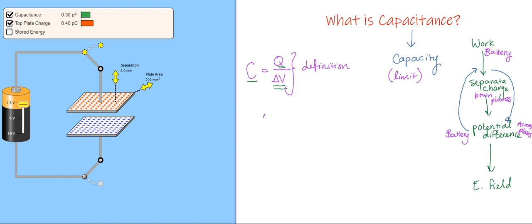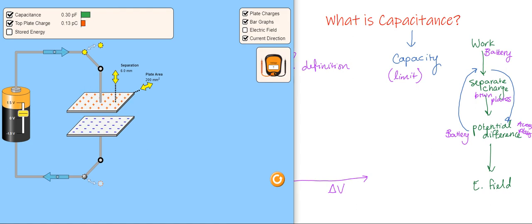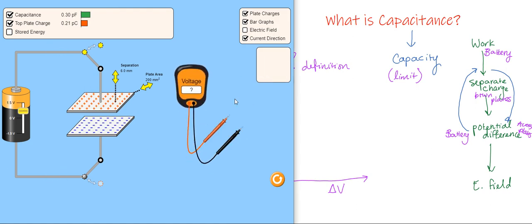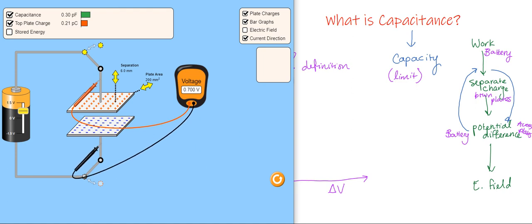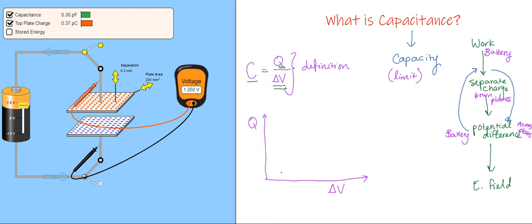Perhaps a better way to look at it would be to graph the amount of charge that you could have on this particular capacitor plate versus the potential difference across the plates. And if I were going to actually take numbers, so perhaps I'd actually need to get my voltmeter out here and actually measure the data for voltage and charge for a variety of different combinations, what I find is that I have a direct proportion.